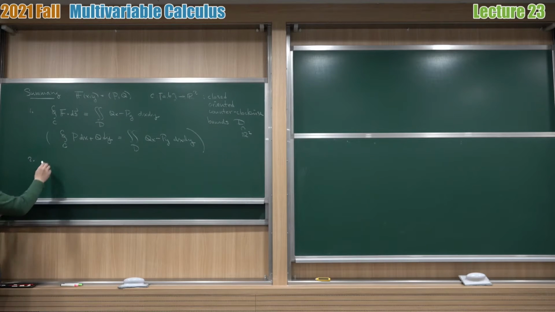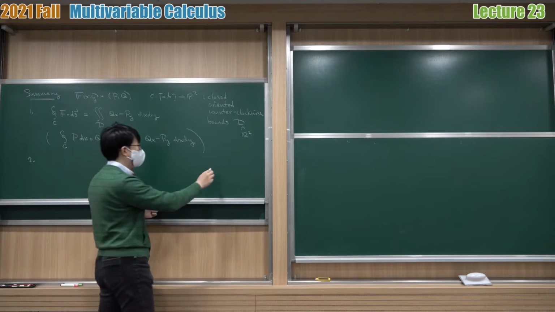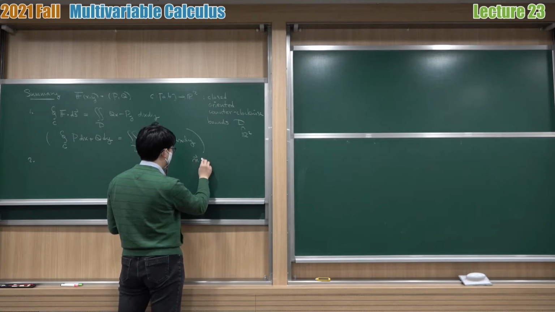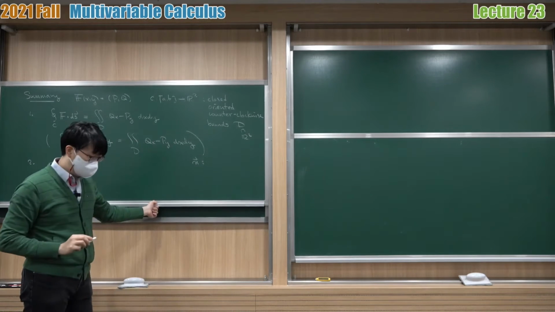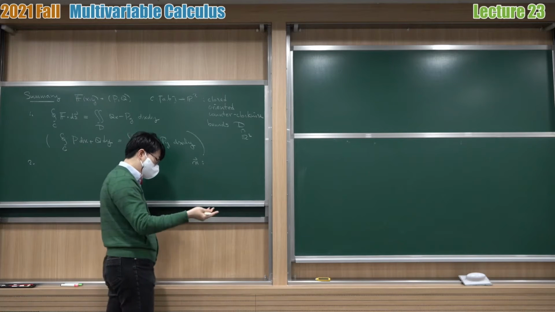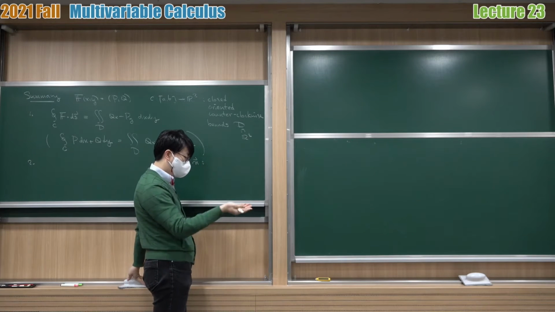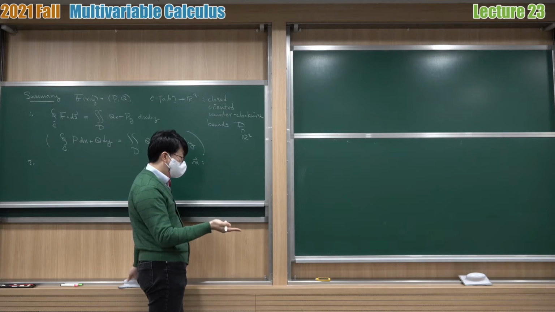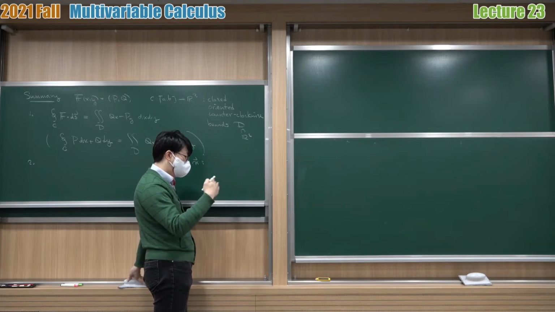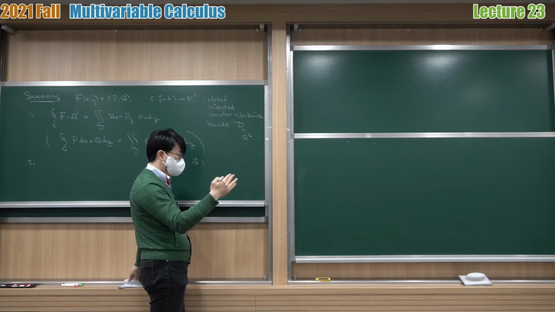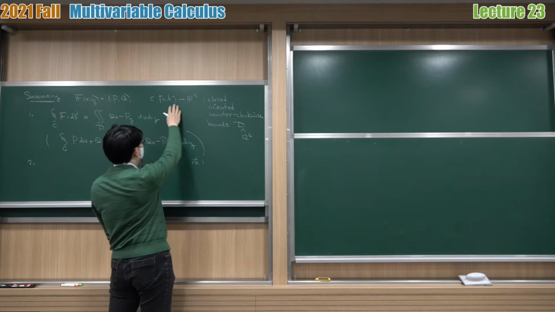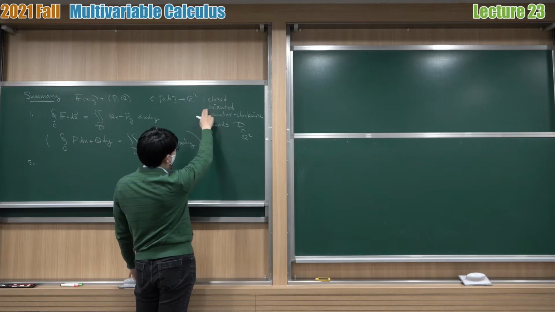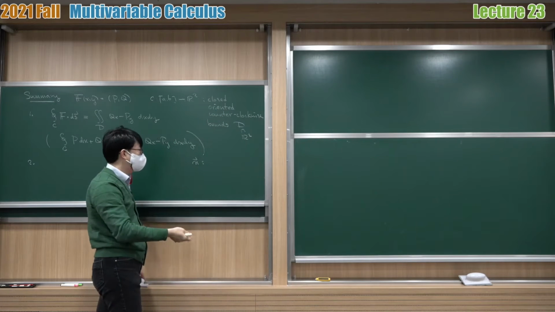And the second one is that we have an orientation of a curve, and according to that orientation, we can fix a normal direction of the curve. We assume that this orientation is fixed as counterclockwise.